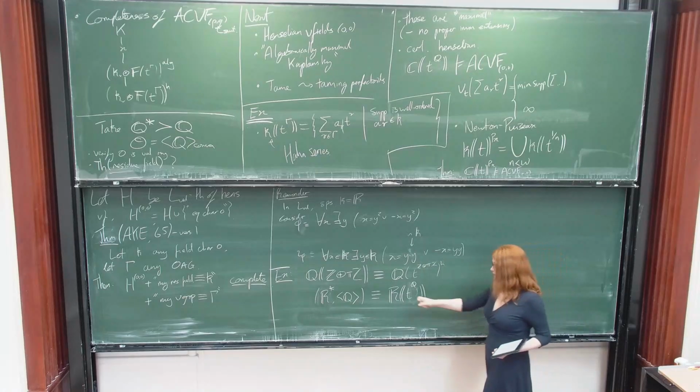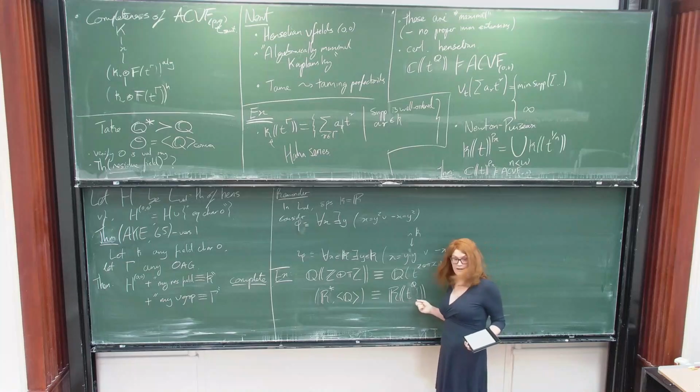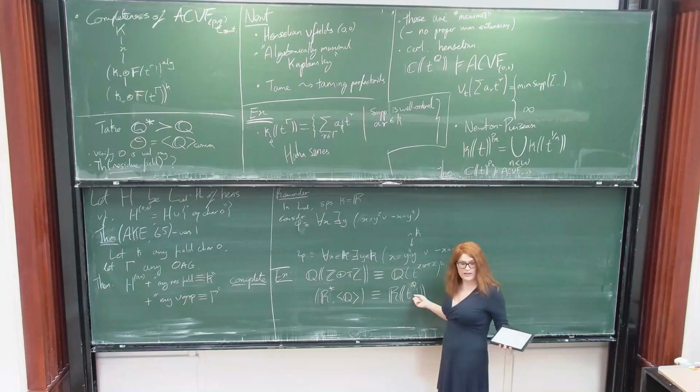You can check all of that, and that's what's going on here. We've got a real closed residue field, and we've got a divisible value group.